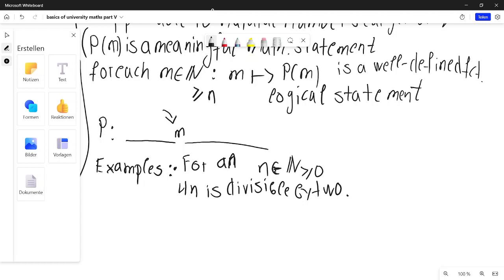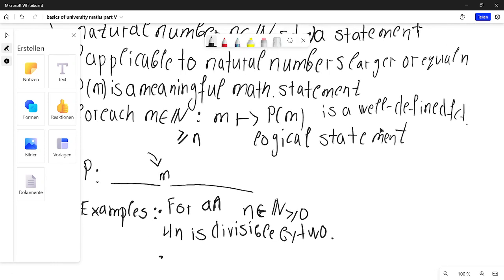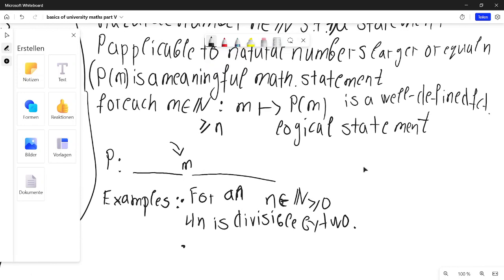But this is a simple case. I would have just stated a statement about a natural number, and then we could have just plugged in this number.